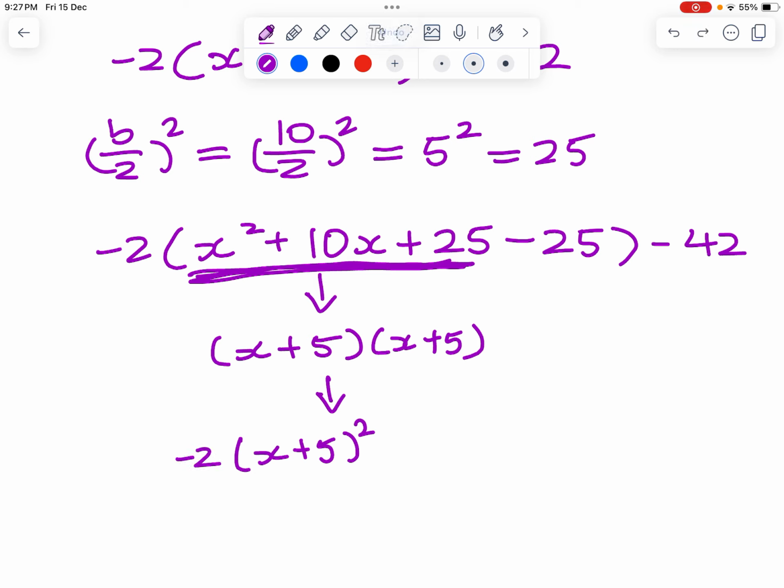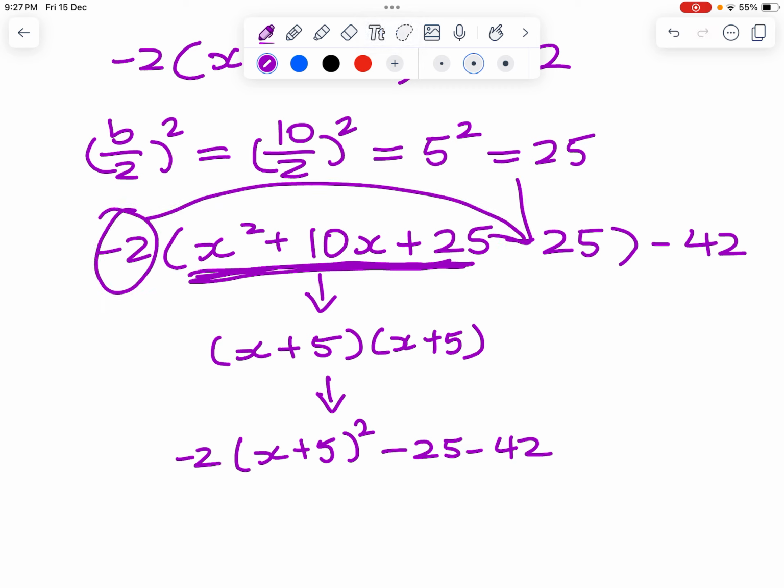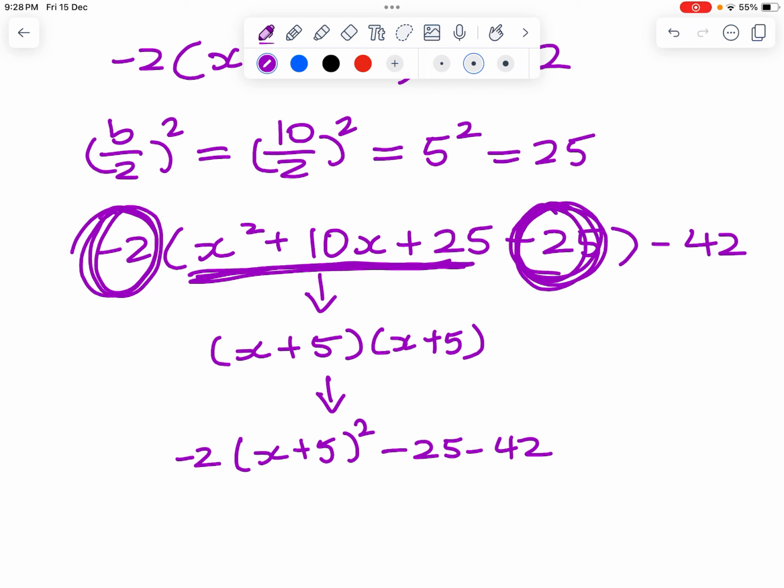A lot of people make the mistake of just doing negative 25 minus 42. But be careful, because the negative 2 is outside the brackets, we must always expand it back. We can't just say it's negative 25, because it's inside the brackets, and the negative 2 is outside, so we need to multiply.